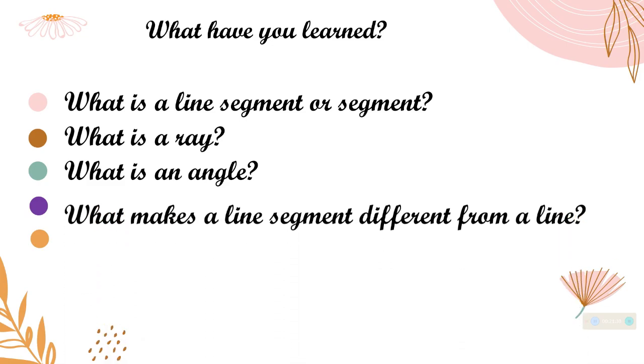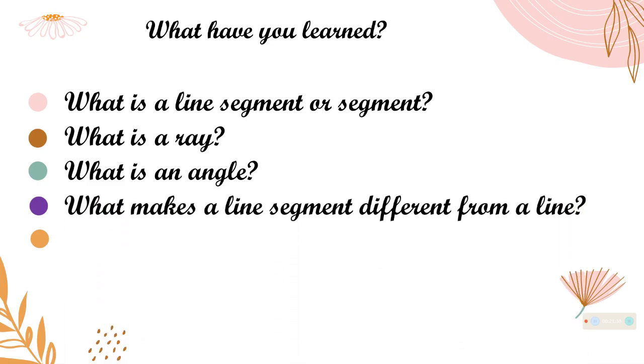That's correct. Next, what makes a line segment different from a line? A line segment has 2 endpoints, while a line has no endpoint. A line segment has a definite length, while a line extends forever in 2 opposite directions, so a line has no definite length.